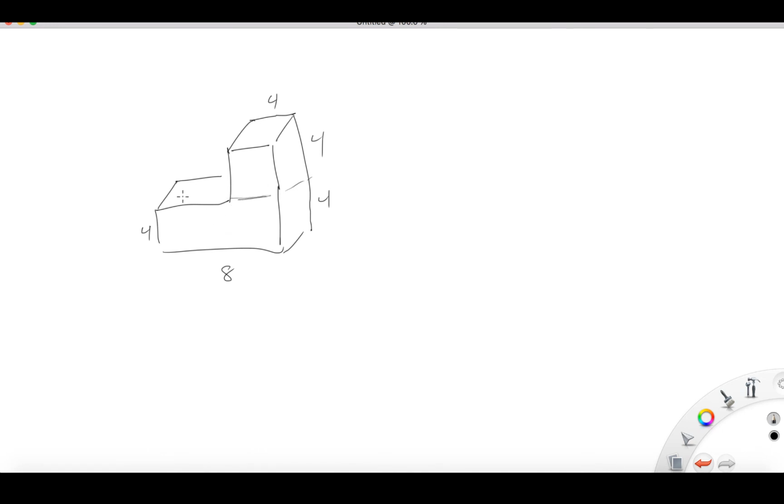Now what I like to do is take the bottom first and do it this way. These lines indicate this bottom tier. In order to find volume, I'm going to take 4 times 8 times 4, and I'm going to satisfy this whole bottom end here.